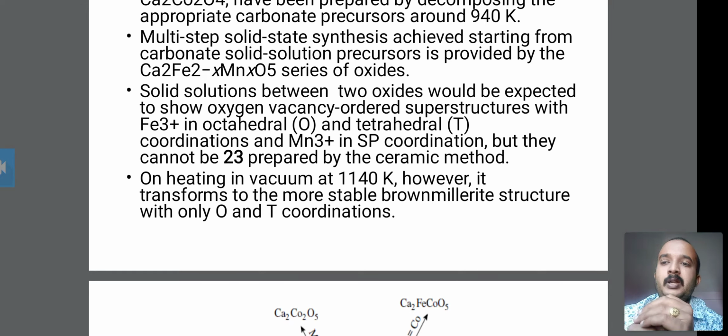But they cannot be prepared by the ceramic method.